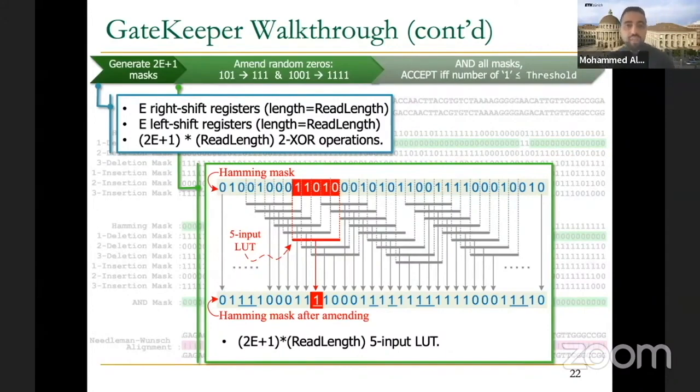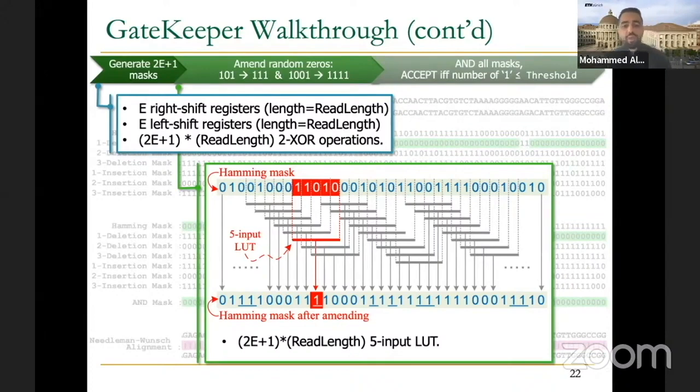These lookup tables normally have a fixed size, meaning how many inputs they have. In today's FPGAs, it's around 6 to 7. In old FPGAs, about 2 to 3 inputs. So you cannot apply any function within a single slice that has more than 3 inputs, for example, so you need to use multiple slices or multiple lookup tables.